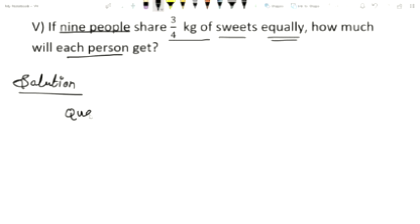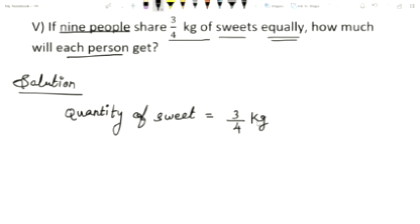So quantity of sweet equal to 3 by 4 kg. This is total quantity. Okay. So total quantity of sweet equal to 3 by 4 kg. So number of people equal to, how many people are there? 9 people. So 9. We are going to find quantity of sweet got by each person.